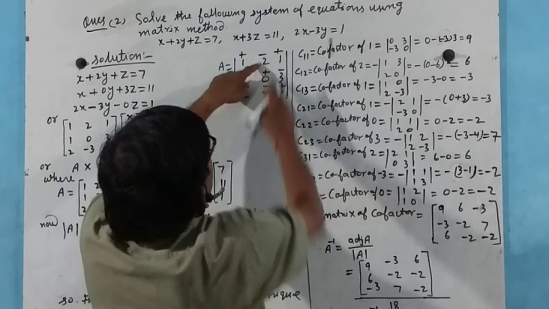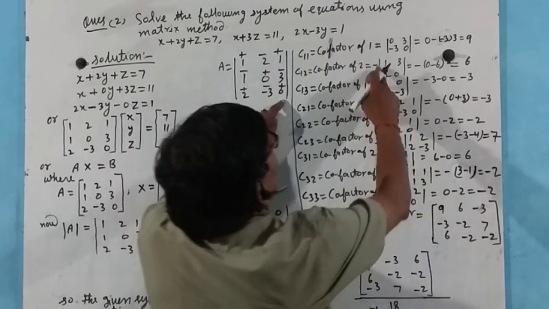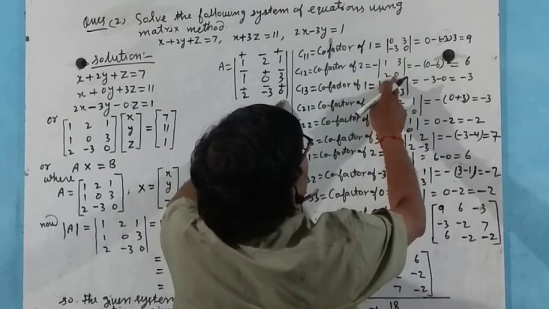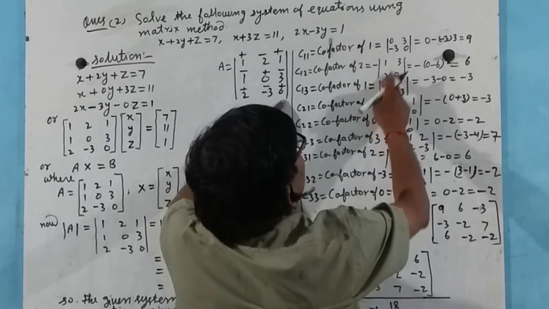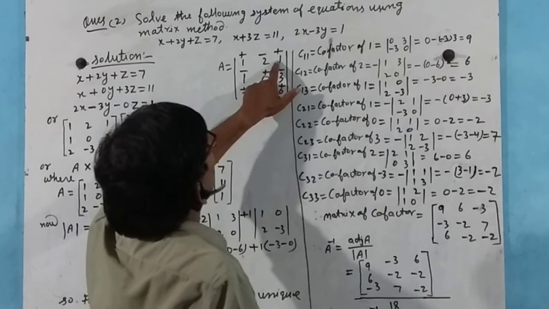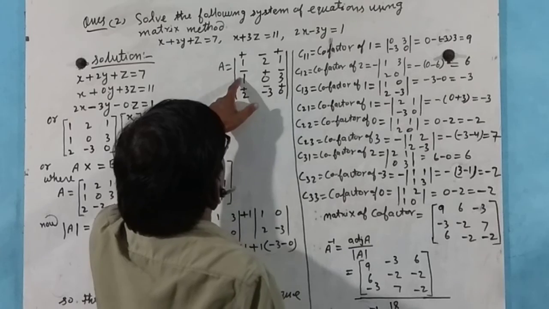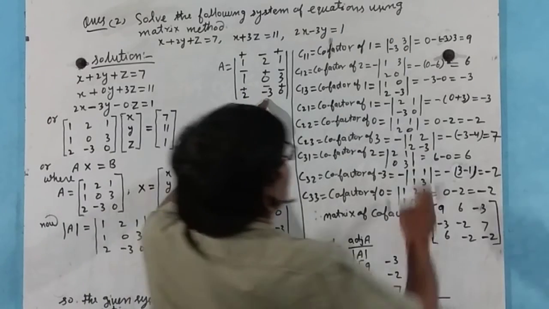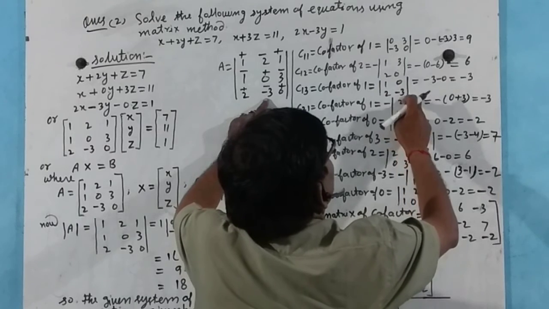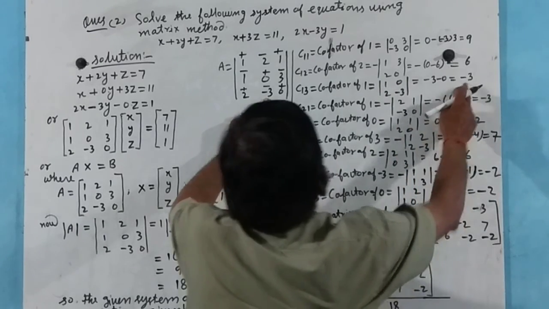C12: deleting this row and column, 1 3 and 2 0, with a minus sign, this is 0 minus 6, so minus minus 6, which is plus 6. C13: deleting this row and column, 1 0 and 2 minus 3, this is minus 3 minus 0, so minus 3.